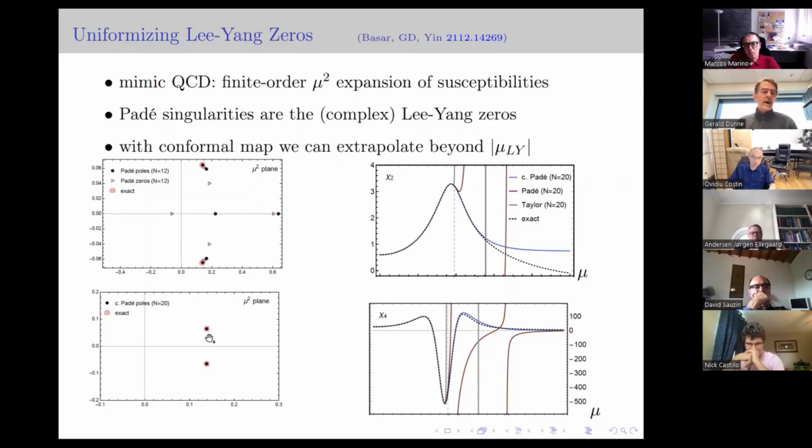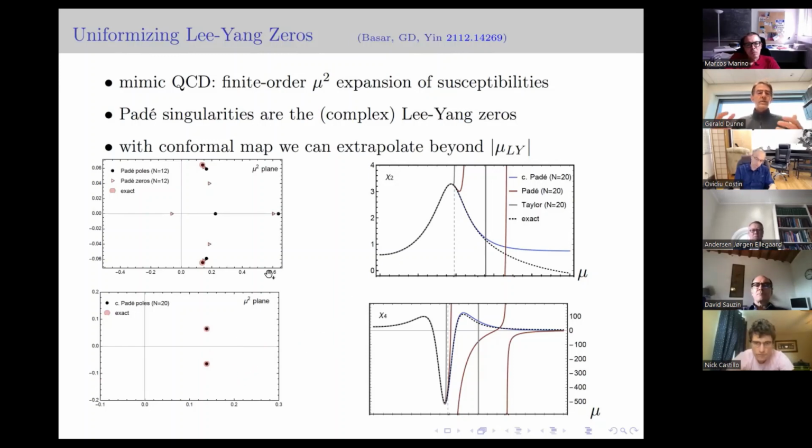Whereas the conformal map is very accurate near the cut and just nails these locations of the Lee-Yang singularities. And since they're square root type singularities, that's all that's left of the conformal map. So it's much, much more accurate near what would have been a cut, but also near the singularities.